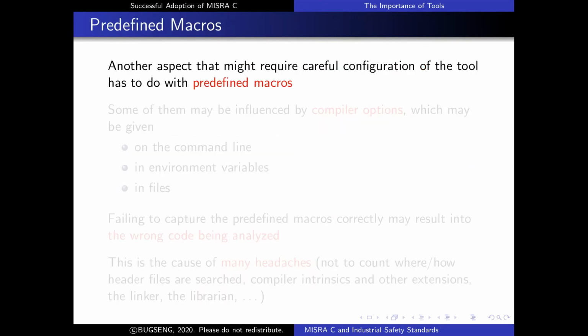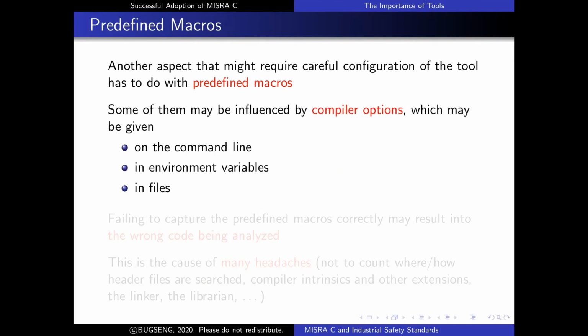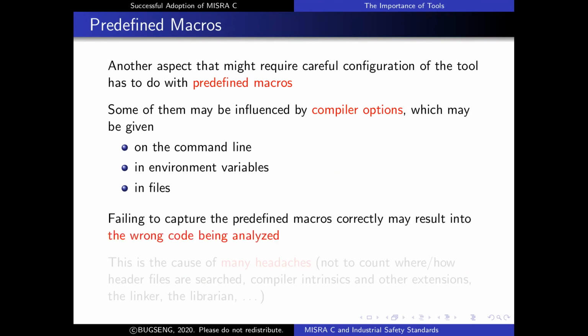One important aspect, for example, is predefined macros. All compilers have a complex set of predefined macros that may be influenced by compiler options, and compiler options may be given on the command line, in environment variables, or in a file. And if you fail to capture this in the tool configuration, then you may well end up having the wrong code being analyzed.